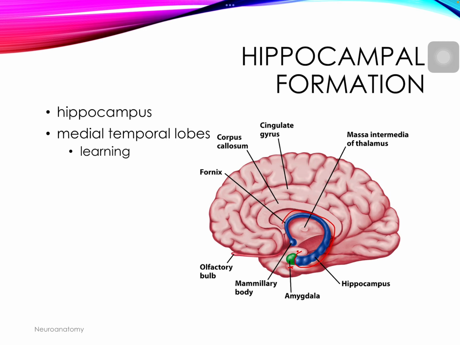Many of you are probably familiar with the case of HM, who had severe seizures, and the surgeon actually excised the hippocampus, and he lost the ability to form new memories. And that taught us a lot of information about memory and about how important this system is. And are your memories housed here?